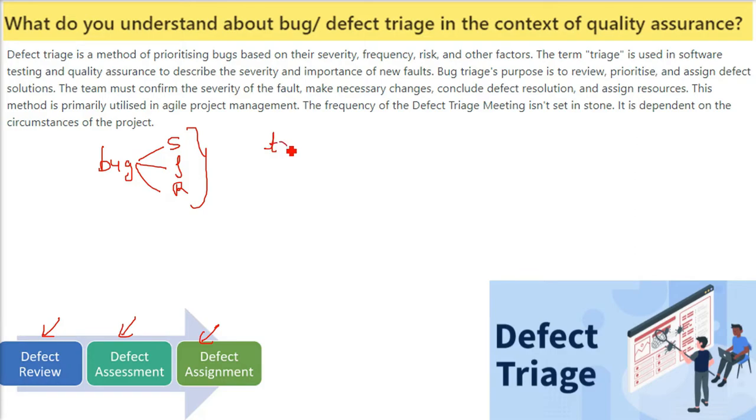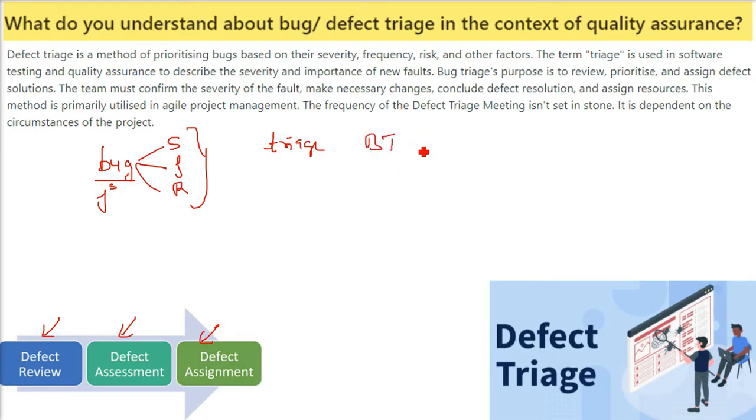The term triage is used in software testing and quality assurance to describe the severity and the importance of a new fault. A new bug has come, so we have to assign a severity according to the importance.